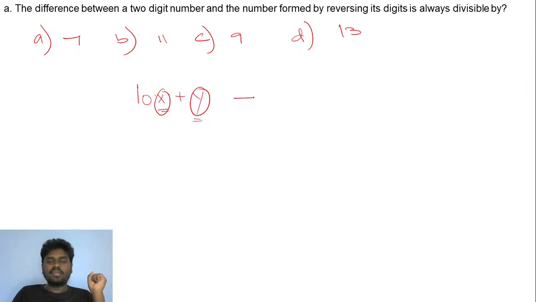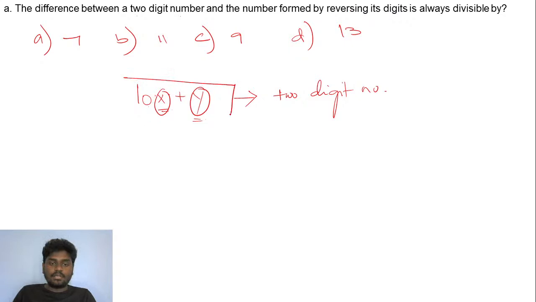They are telling you the difference between a 2-digit number and the number formed by reversing its digits. This is my 2-digit number.